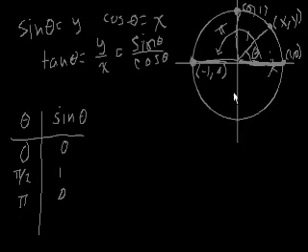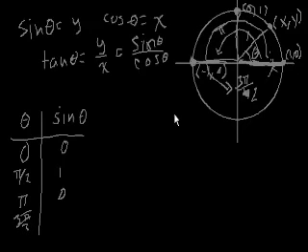Let's just keep going around the circle. When theta is equal to 3 pi over 2, because this is pi, and this is another half pi, so this is 3 pi over 2, what is sine of theta?